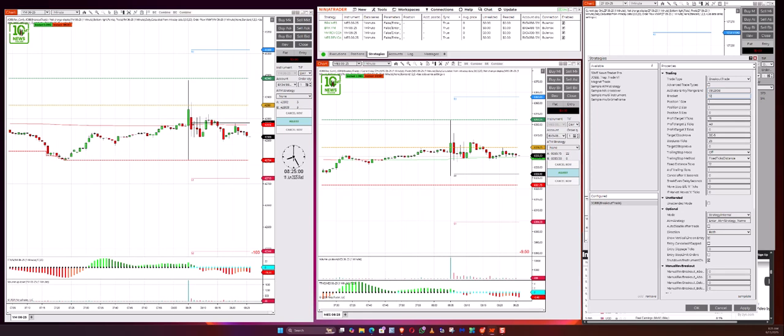It's a bracket of 8, targets of 8, I'd say up to 8 and 20-ish. And the stop is 20 on ZF.